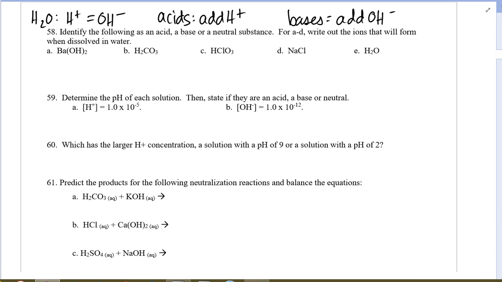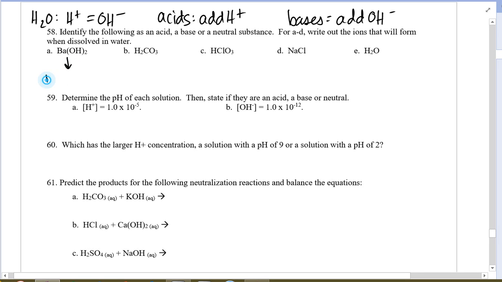So what we want to do is look at these compounds and look at what ions they're made of. This right here, barium hydroxide, is made of the ion barium and 2 hydroxide ions. So when I put this in water, it's going to generate hydroxide, making it a base. B right here is made of hydrogens and a carbonate ion.